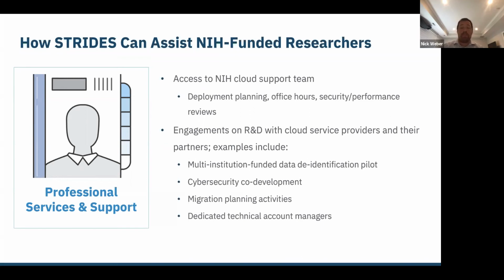I give some examples here about how a couple of institutions came together and funded some data de-identification pilot work for removing personally identifiable information from, I think, chest CT scans and other image data that can be brought back to the rest of the community and shared so that people can leverage those algorithms, those capabilities for similar work that they might be doing. And you see other activities here that people have done through the professional services relationships made easily available through Strides.